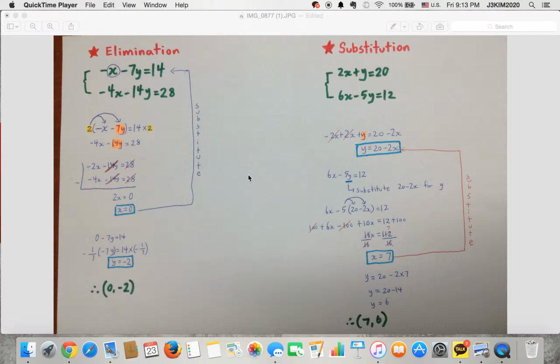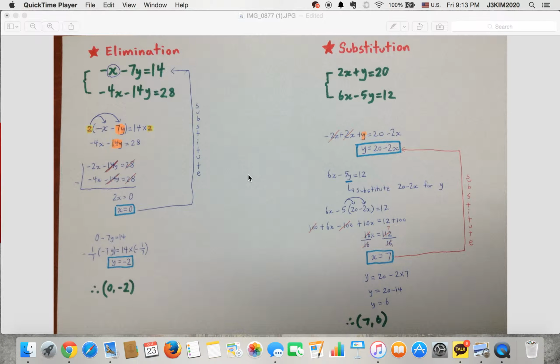Now this x value should be substituted into either of the two original equations, and I have chosen the first one. I've done this because the first equation has smaller numbers compared to the second one.